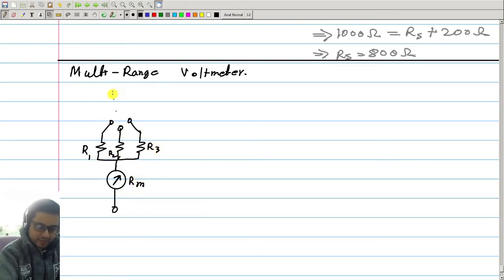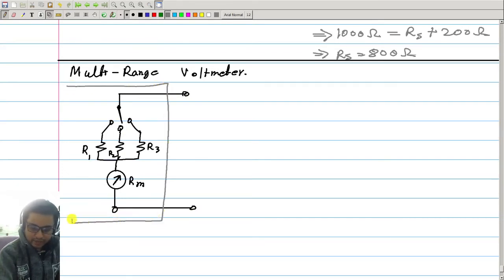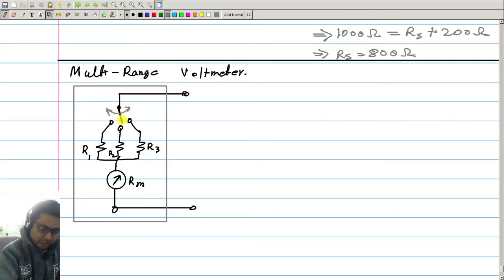This is Rm, and here I have a key switch that can connect to any of these three terminals, and these two are the meter terminals. So this as a whole is my multi-range voltmeter, and I can change the position of the switch, position 1, 2, 3, and accordingly the meter range will change.